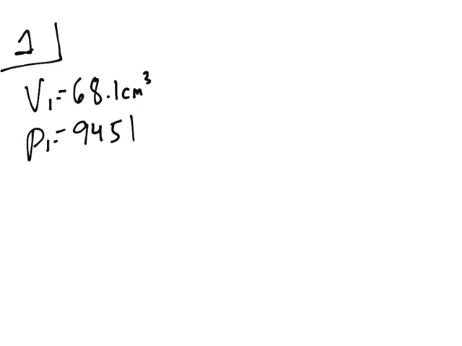This problem says that we have a sample of an ideal gas that occupies a volume of 68.1 centimeters cubed. So V1 is 68.1 centimeters cubed. It also is at 945 torr, so the pressure 1 is 945 torr. And it's at a temperature of 18 degrees Celsius.